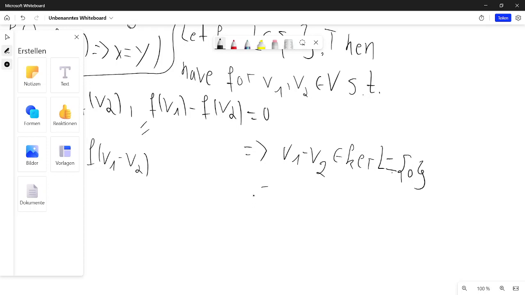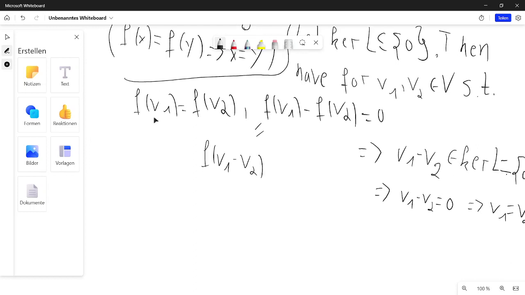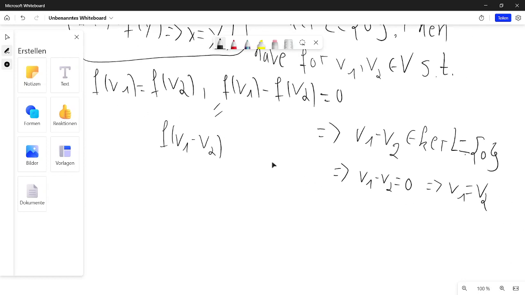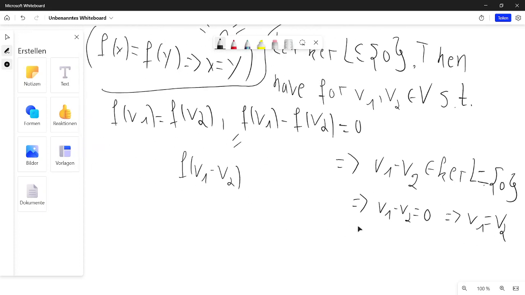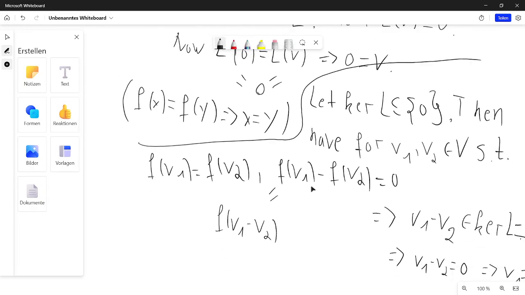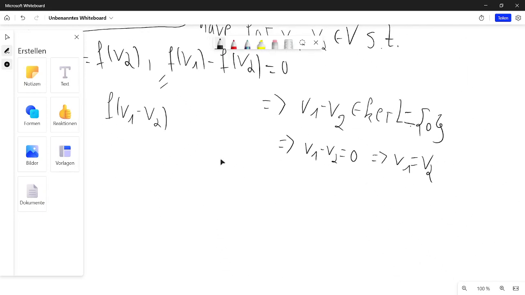And that implies that v1 minus v2 is equal to the 0 vector, and that implies v1 is equal to v2, and hence we started here with L of v1 equal to L of v2, and we arrived at the conclusion v1 is equal to v2, which proves injectivity, right?